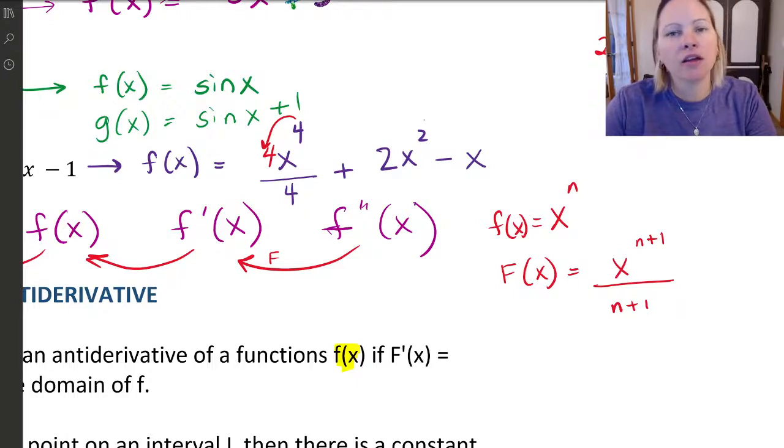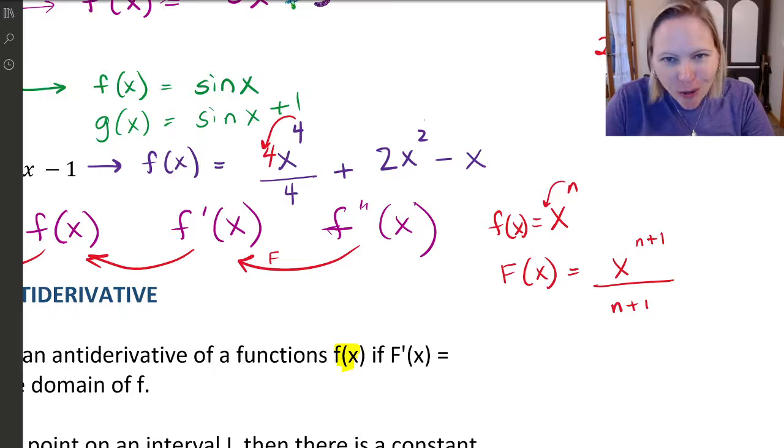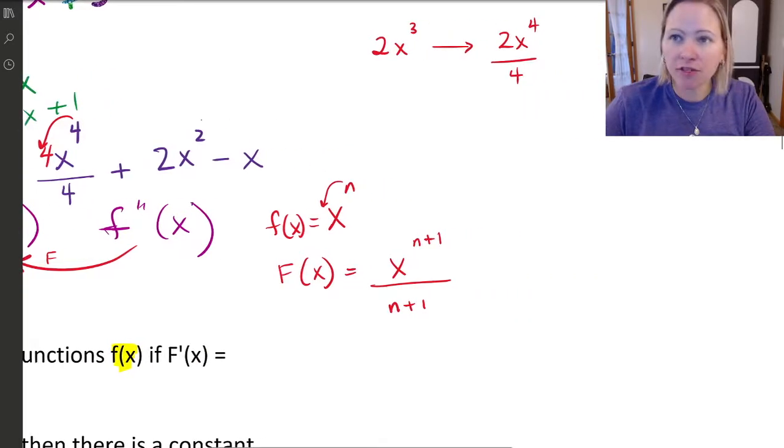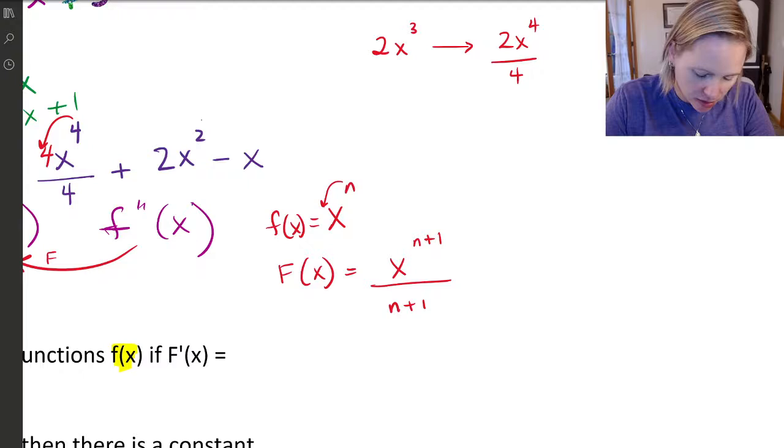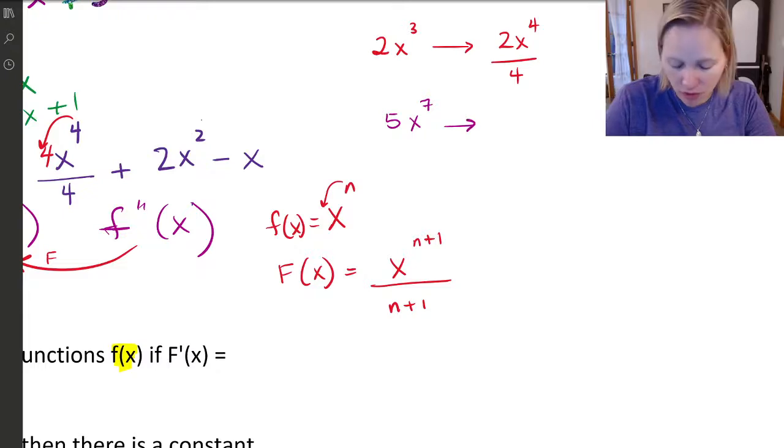This way, when we do the derivative, which means multiply by n and reduce by 1, it's completely the opposite steps. When we do those derivatives, there it is on the screen, the 4 will have something to cancel out with. Similarly, just one more for good measure, if we had 5x to the 7th, the antiderivative would be 5x to the 8th: raise it by 1, and then divide by 8.